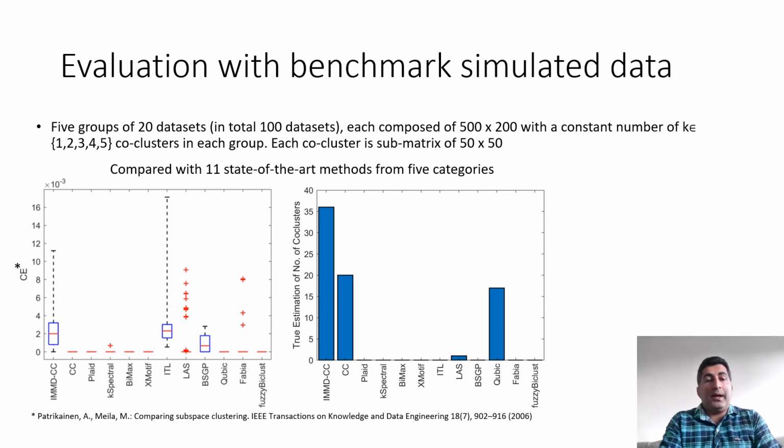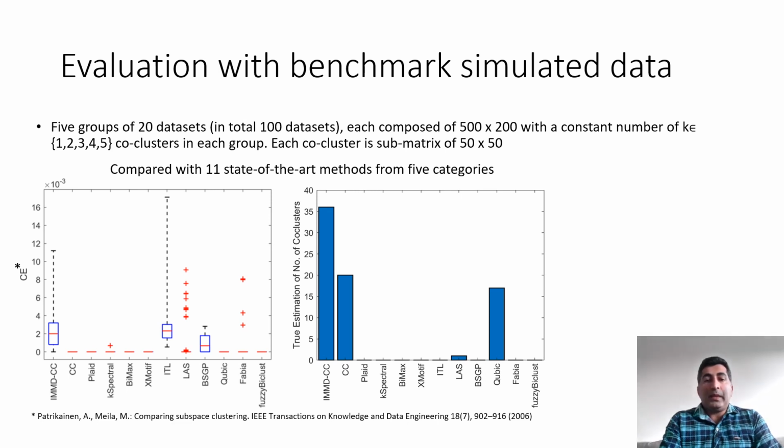As you can see, only ITL outperforms our method. However, if you look at the true estimation of the number of co-clusters, in 35 out of 100 experiments, our algorithm can identify the true number of clusters, while ITL, the competitor that outperforms our method, in none of them actually, only I think in one case, can identify.